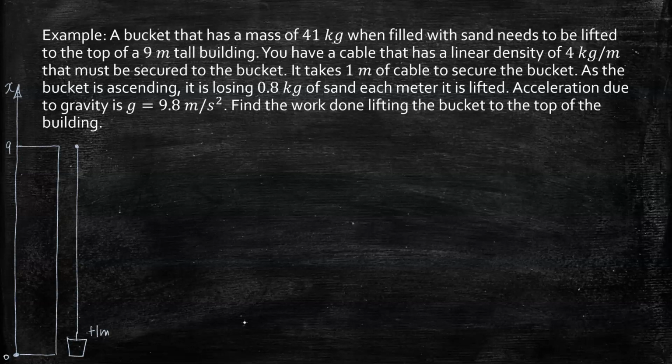And now, as we're lifting this whole cable with the bucket, the work done by the force will be equal to, according to our previous discussion, the integral from a to b, where a is 0, b is 9. And it's going to be equal to the work done by a force lifting the cable together with a force lifting the bucket.